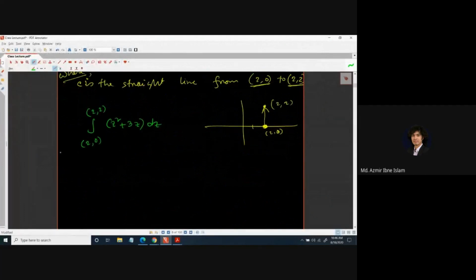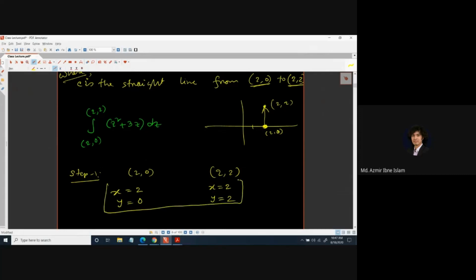Now our first target is to understand what the limit will be. So step one, you can do all these things in your rough space. Here you can see that we have 2 points: the first one is 2,0 and another one is 2,2. Let's try to figure out what the limit will be. In the first point you have x equal to 2, y equal to 0, and in the second point you have x equal to 2, y equal to 2.